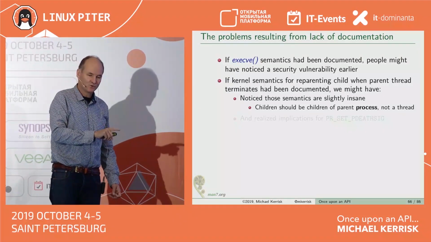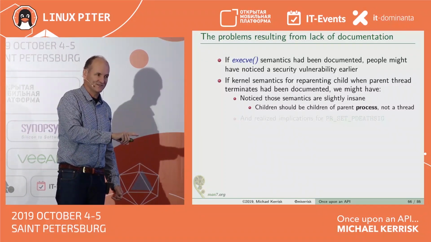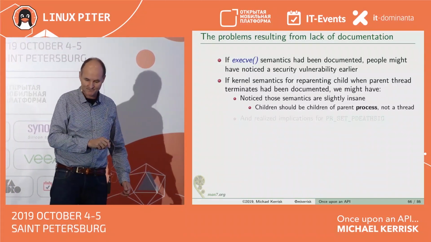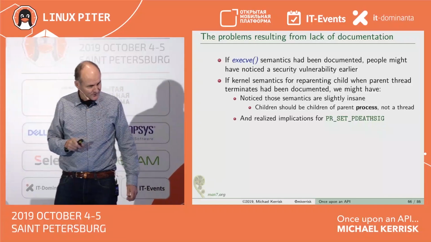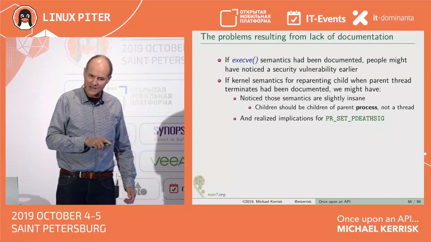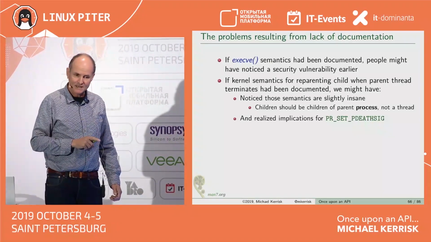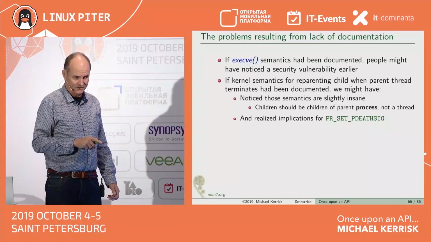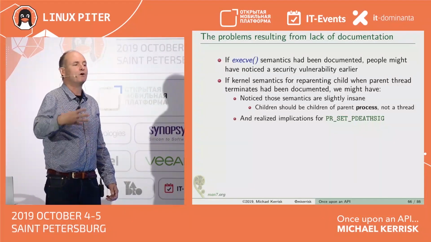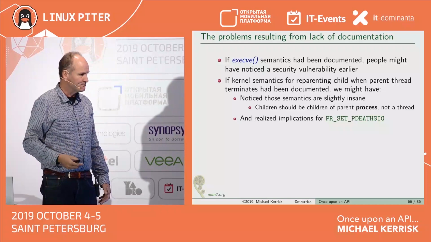Child processes should be children of parent processes, not parent threads. And then we might have realized what the implications are here for this PR_SET_PDEATHSIG feature, where a child might actually get multiple signals because the parent is multi-threaded.